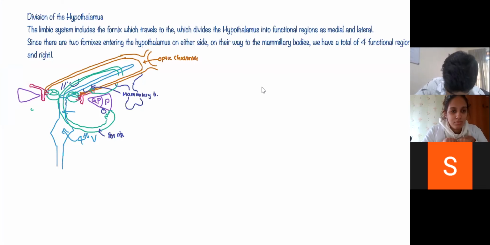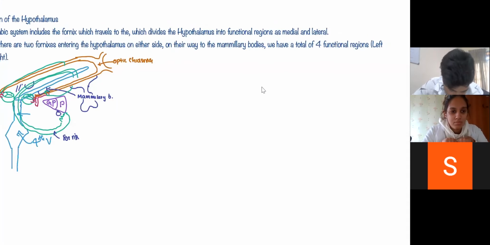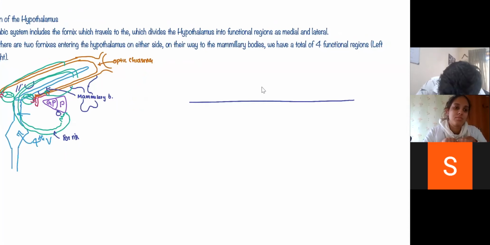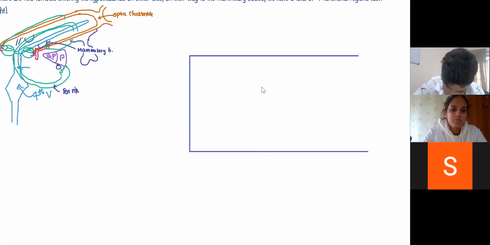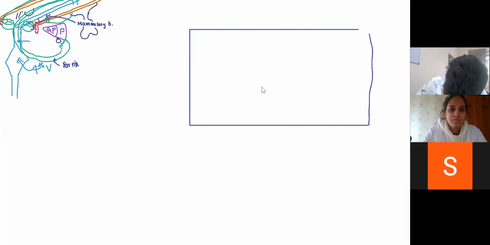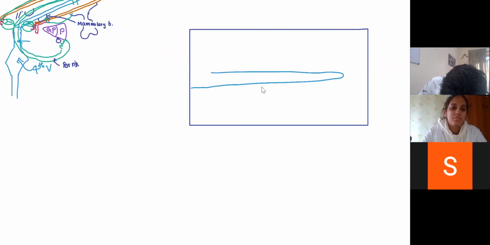It comes from both sides, so there are two fornix, and let's now draw the hypothalamus. This is what it will look like if you look at it from above. It's very simple. It's just a box, and in the middle you will have the third ventricle.